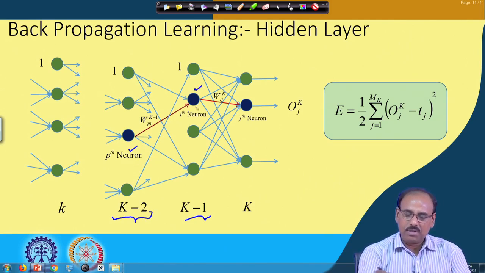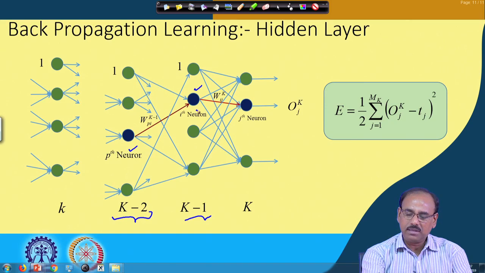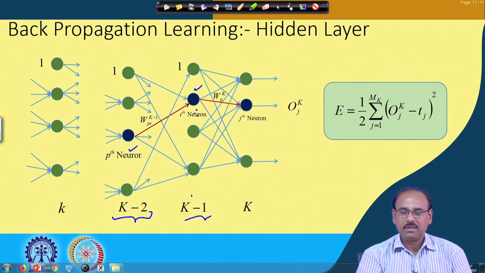You see over here that I am just following a chain, because in the previous case I assumed that from the ith neuron in the (k-1)th layer I have a connection to the jth neuron in the kth layer, and that connection weight was Wij. Now, I am going one more layer before the (k-1)th layer.